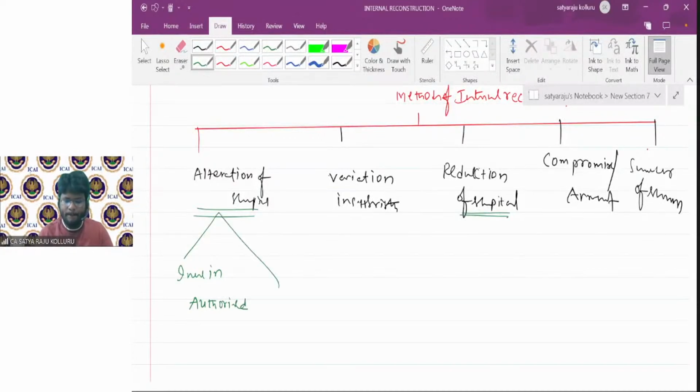There may be subdivision or consolidation of the shares. There may be conversion of shares into stock or stock into shares, that is vice versa.